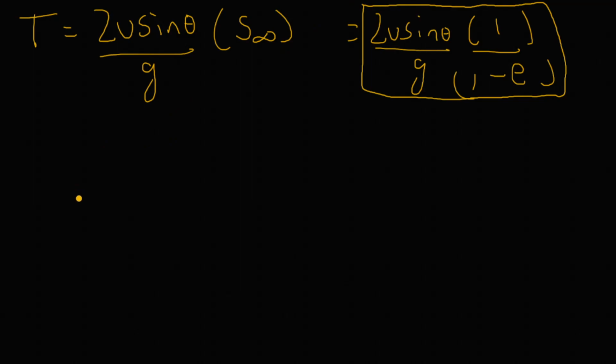But how do we find the range? We just know the time now. Let us go back to one of the observations we made. What did we observe? We observed that only the vertical component of the velocity is changing.